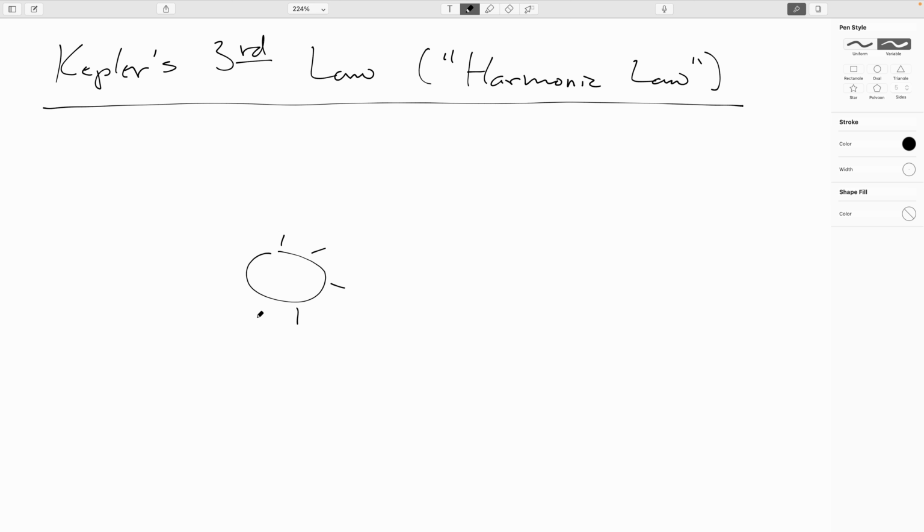So let's say we've got the sun here, mass big M. And I'm just going to draw a chunk of some planet's orbit here, mass little m. So we'll pretend that the orbit is circular, and this turns out to be not a bad approximation for every planet except Mercury basically, and Mars.